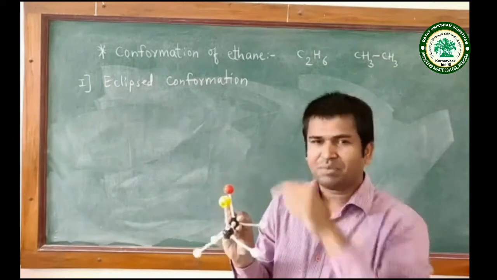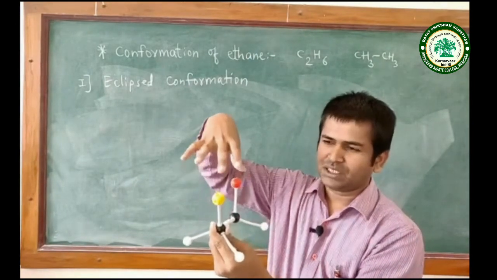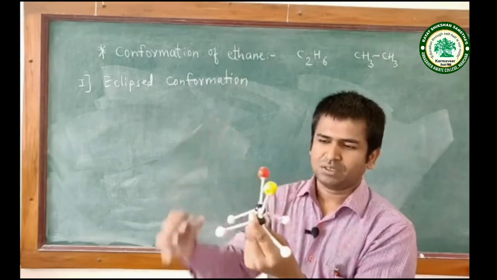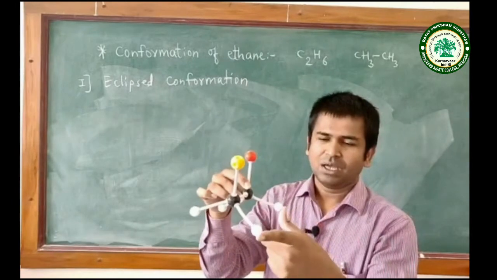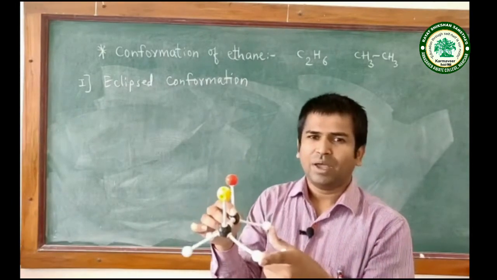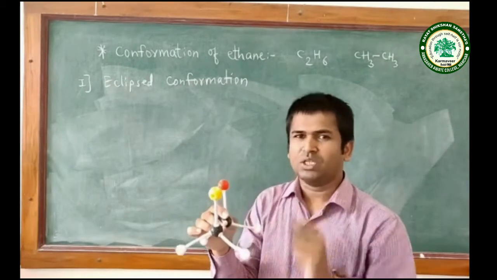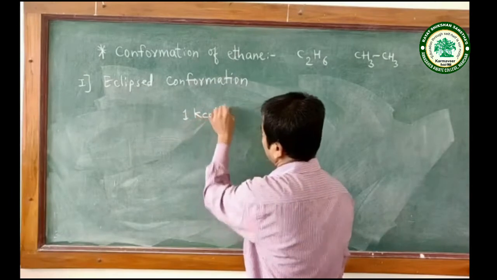Now in the eclipse conformation, there are 3 hydrogen-hydrogen eclipsing interactions. This is the one hydrogen-hydrogen eclipsing interaction, this is another, and this is another. The value of one hydrogen-hydrogen eclipsing interaction is 1 kilocalorie per mole.